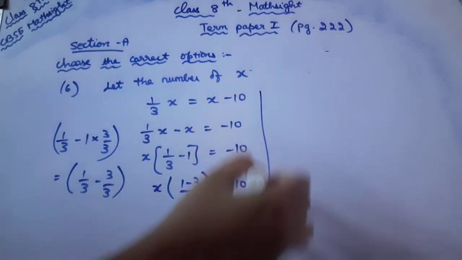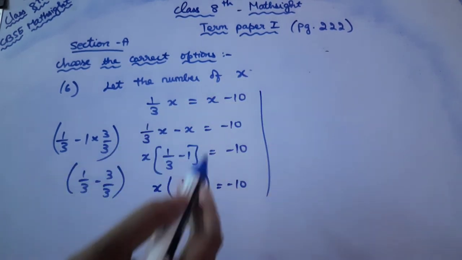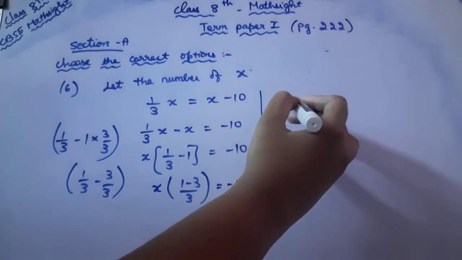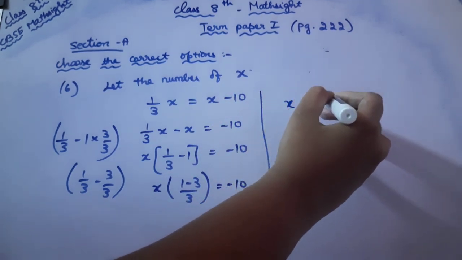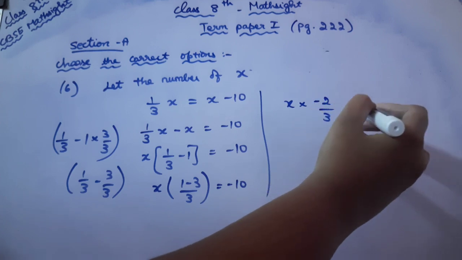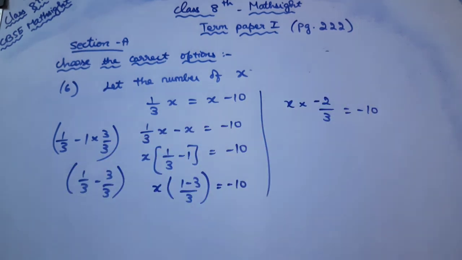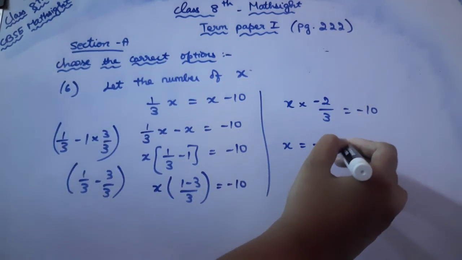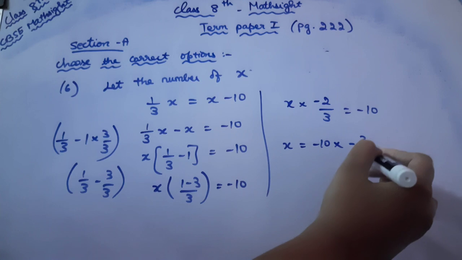1 minus 3 by 3 is equal to minus 10. The next step: 1 minus 3 is minus 2. So x into minus 2 by 3 equals minus 10. We take minus 2 by 3 to the other side, where it becomes minus 10 into minus 3 by 2.